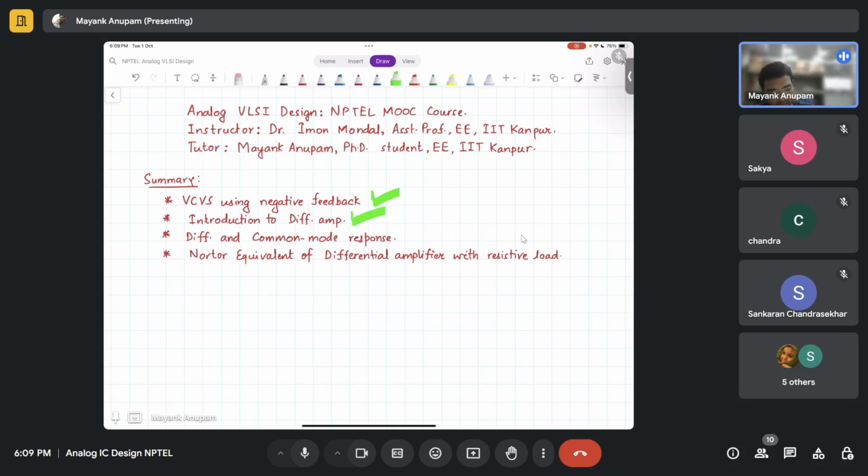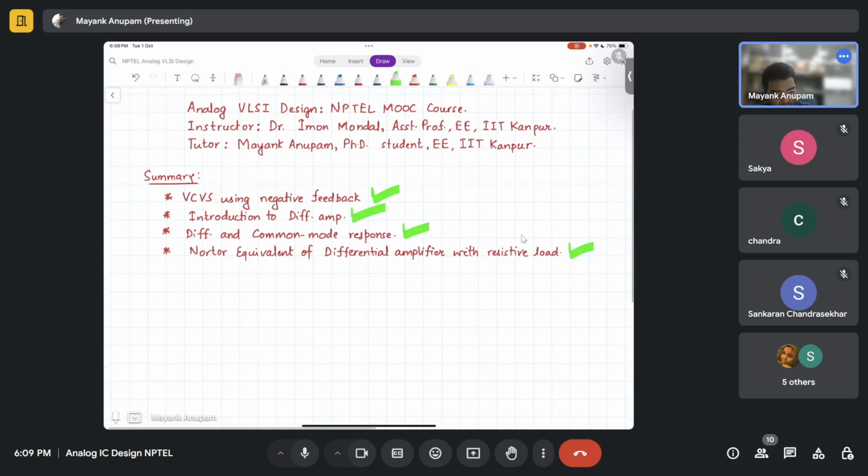We also saw the differential and common mode response of this differential amplifier, and finally we learned some more about differential amplifiers, mainly their Norton equivalent. So first of all, is there any doubt in the content that was covered? I have not looked at the discussion forum, so you can just tell me here if you have any doubt.